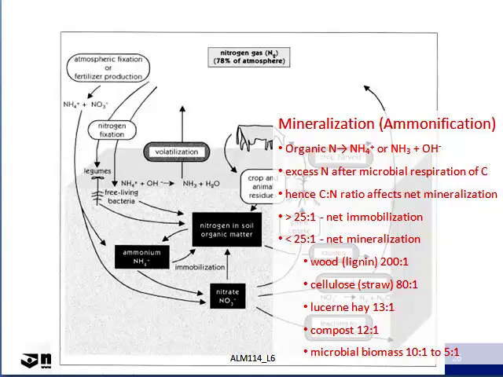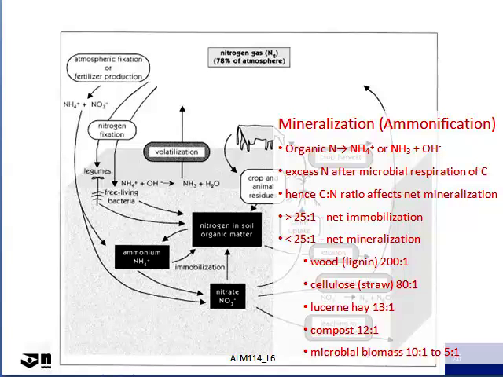Wood, lignin, cellulose straw, lucerne hay, compost and microbiomass all contribute slightly different C to N ratios, and therefore will either result in net immobilization or net mineralization depending on the C to N ratio of the material.